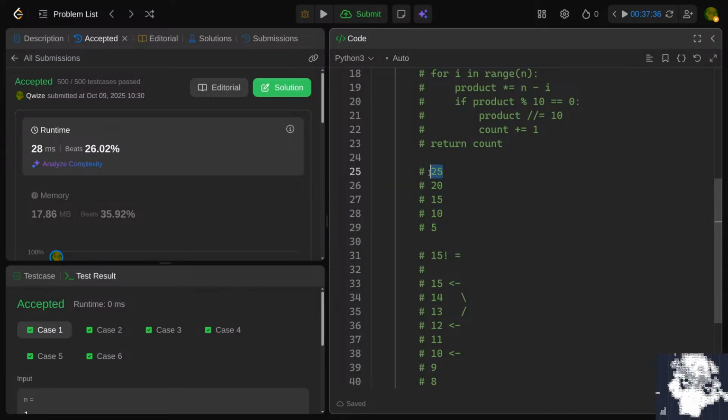So if I looked only at 25, basically if I divide 25 by 5, that's how many factors of 5 came before me. Right? That's how many factors of 5 came before me.